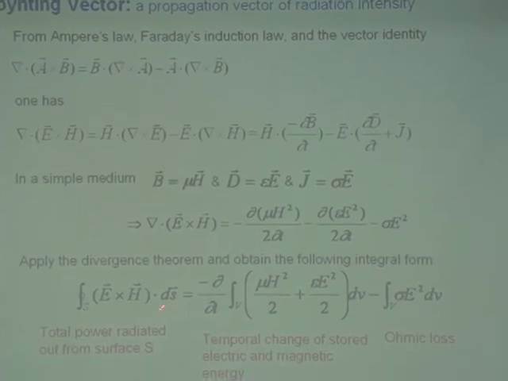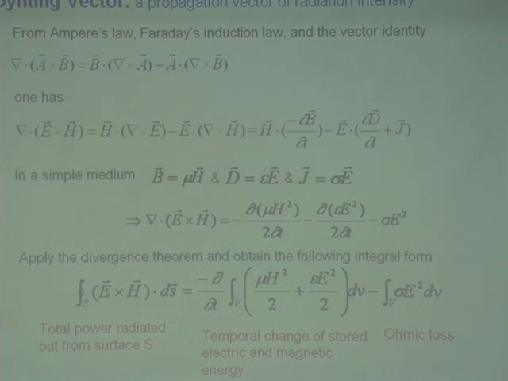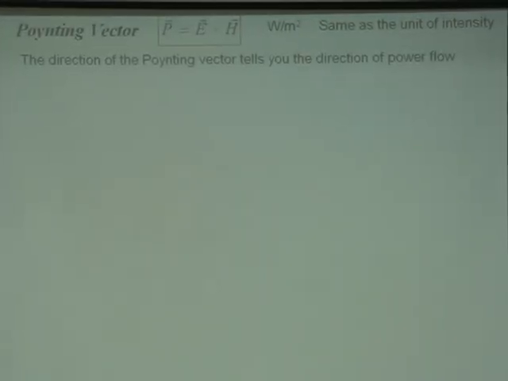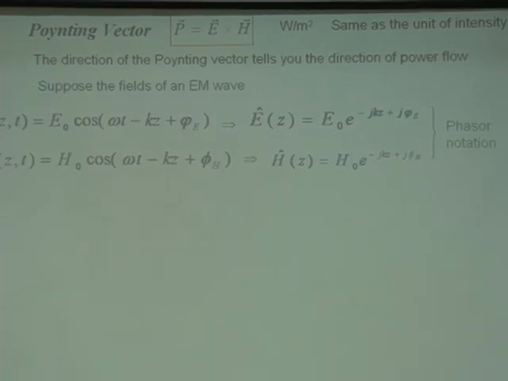So this is a power. So this has a unit of watt per square meter, the power density. In optics, this is called intensity. Its unit is watt per square meter in MKS unit.